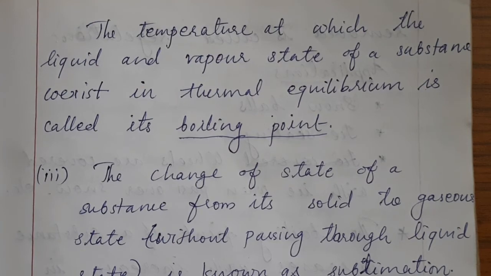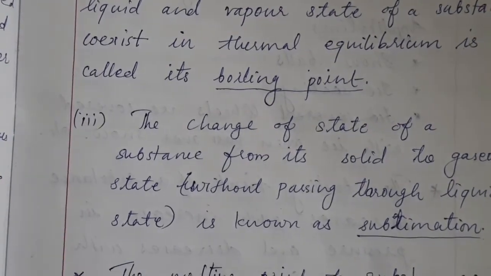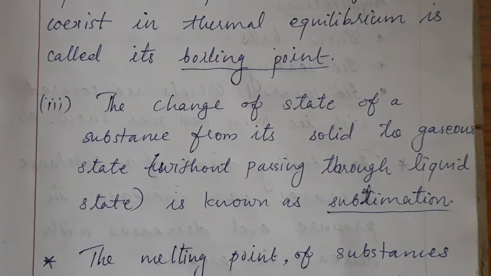There are situations in which you can directly change a solid substance into gaseous state. From solid state to gaseous state you can change the state of a substance. For example, you take camphor and burn it, it goes into gaseous state.